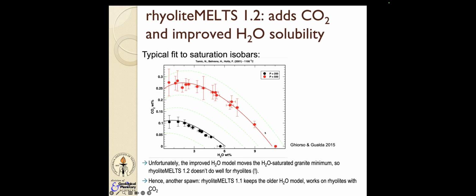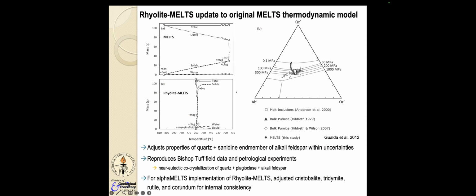In order to get this best fit to the behavior of water and CO2, it was necessary to adjust the parameters that describe the way water dissolves in the silicate melt. And unfortunately, when that happened, the model no longer has this magic property that rhyolite-MELTS 1.0 has of very accurately fitting the wet granite minimum.